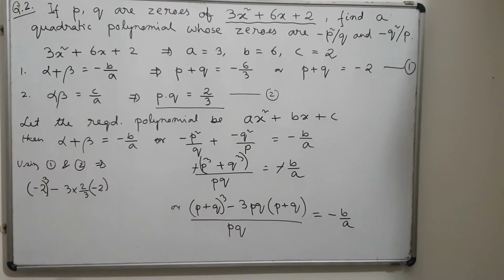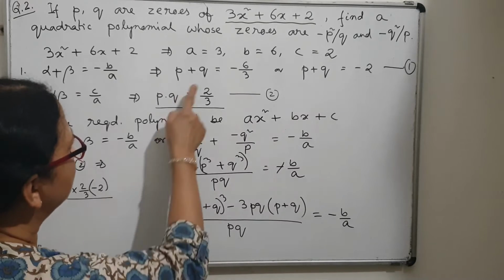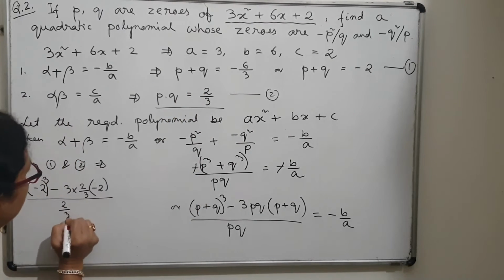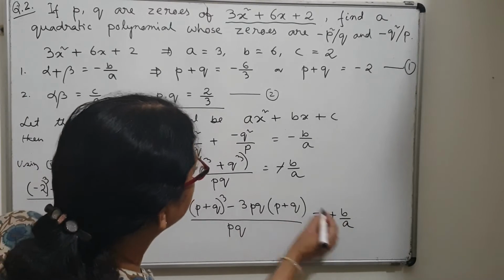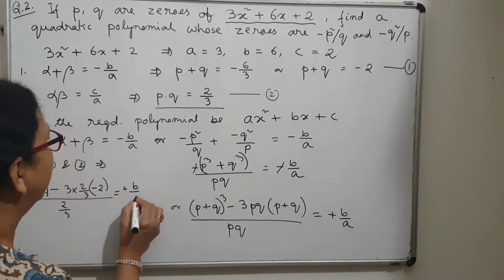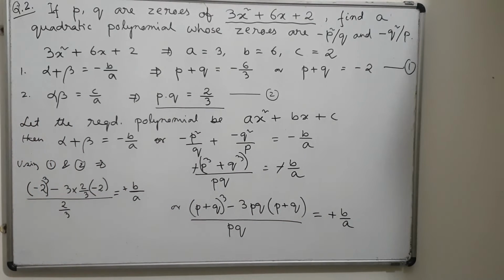So this is the numerator and the denominator is pq, that is 2 by 3. This is b upon a, just a minute, this is plus because this minus got cancelled. So now let me write, it is minus 8, minus minus plus, things are getting cancelled, 2 2s are 4, by 2 by 3. Taking the reciprocal, the product is b upon a.